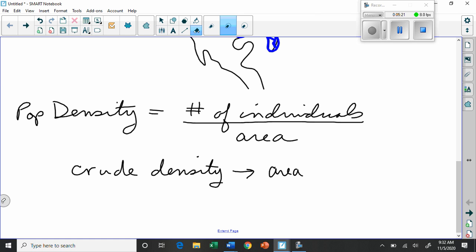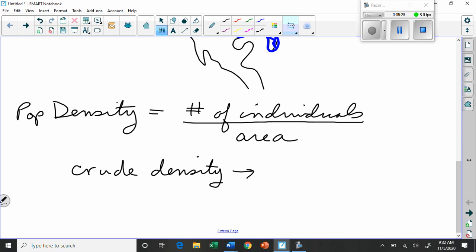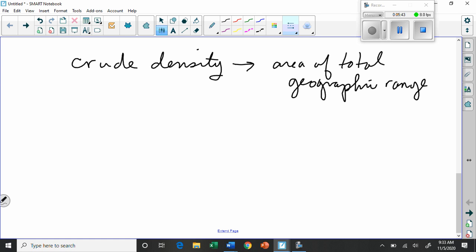Let me just rewrite that. The geographic range, total geographic range. Area of the total geographic range. But to be a little bit more specific, we have what's called the ecological density.